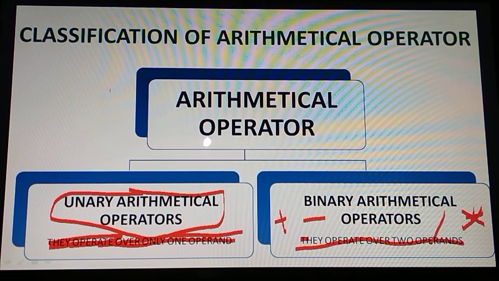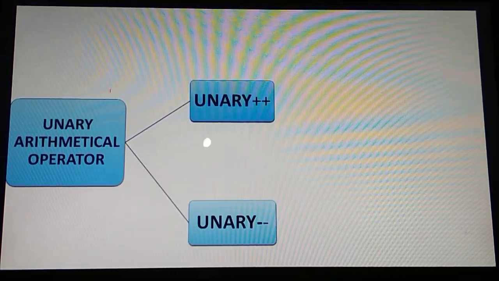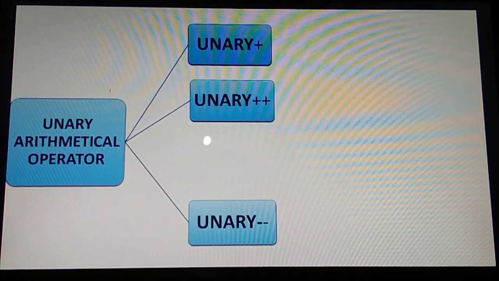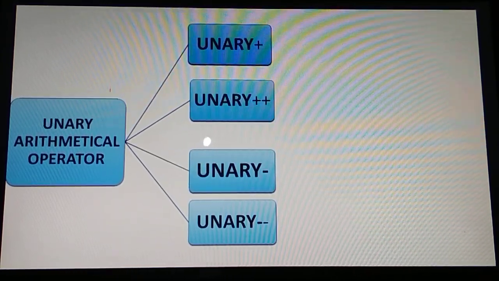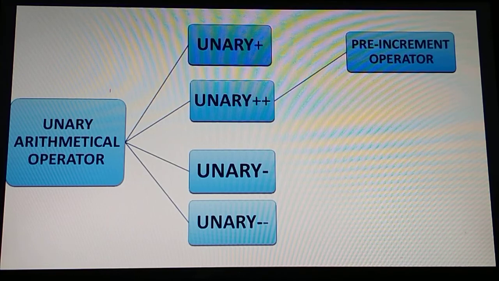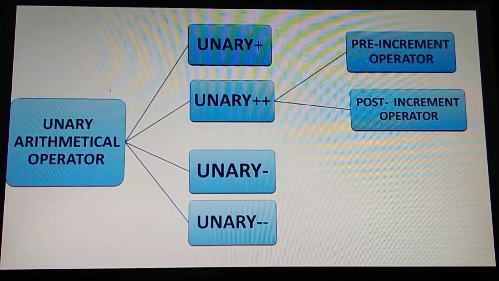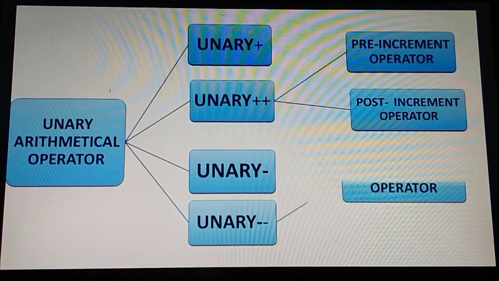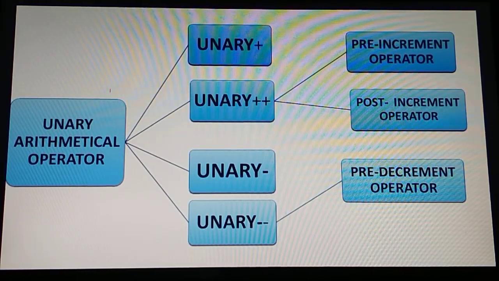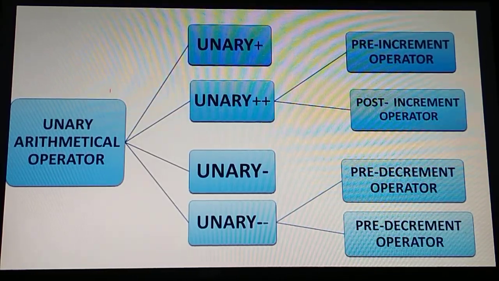So we will talk about unary arithmetical operators. Unary arithmetical operators are of four types: unary plus plus, unary minus minus, unary plus and unary minus. Unary plus plus is also divided into two parts: pre-increment operator and post-increment operator. And unary minus minus is also divided into two parts: pre-decrement operator and post-decrement operator.